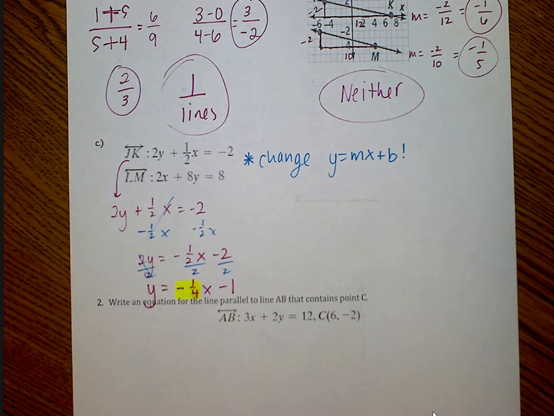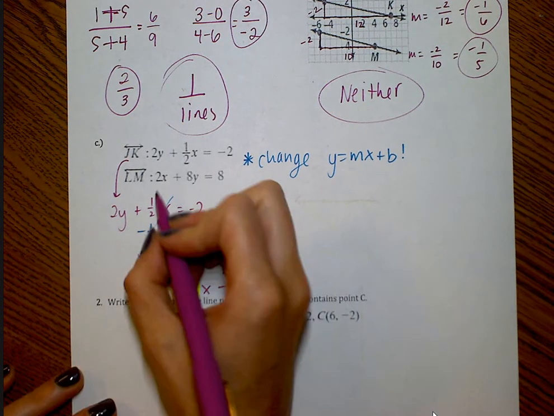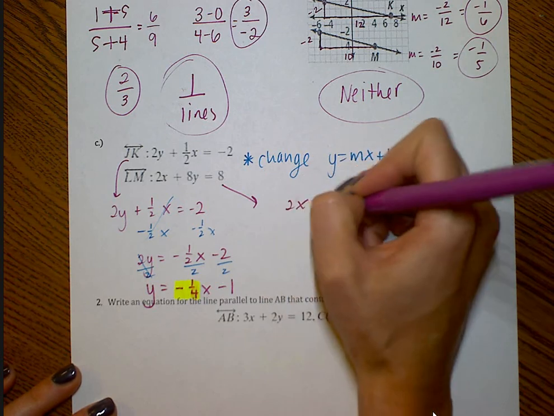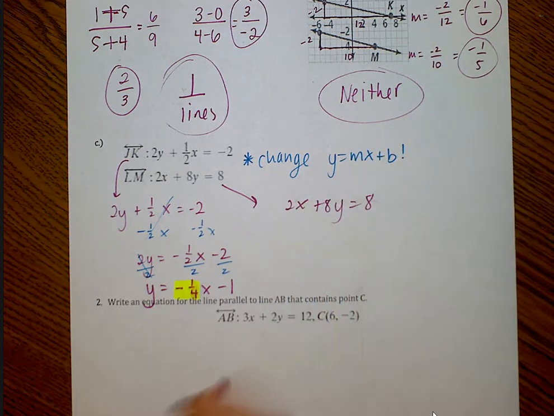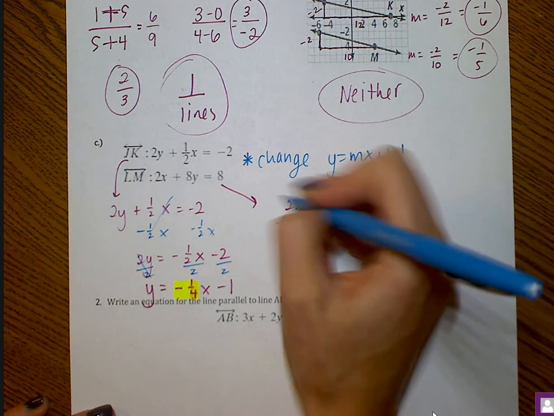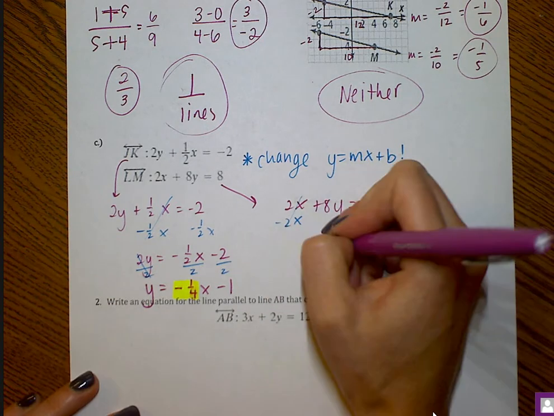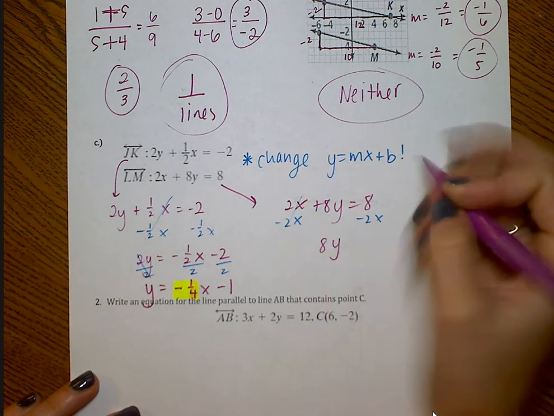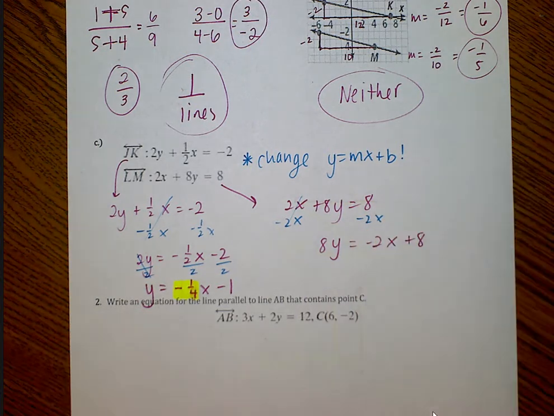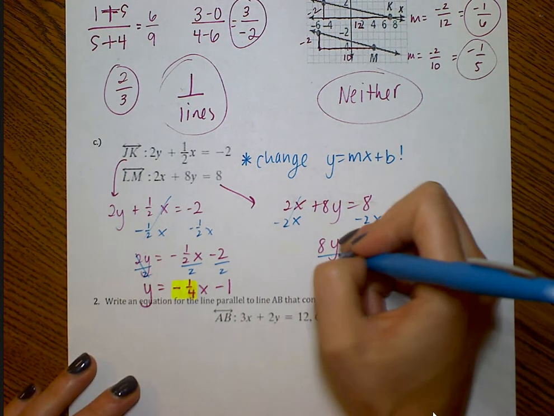Okay, now I'm going to move LM into slope-intercept. So I'm going to subtract the 2x. And that's negative 2x plus 8. I'm going to divide by 8.